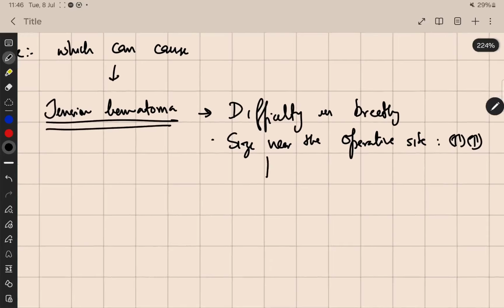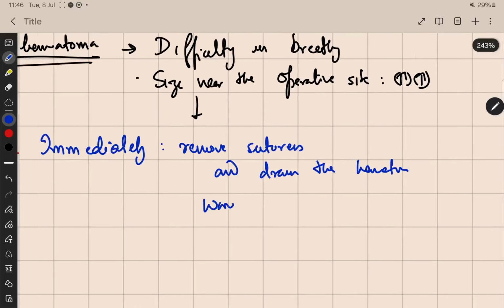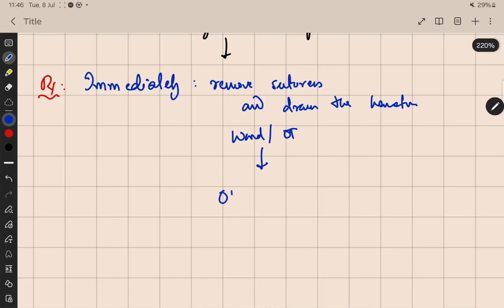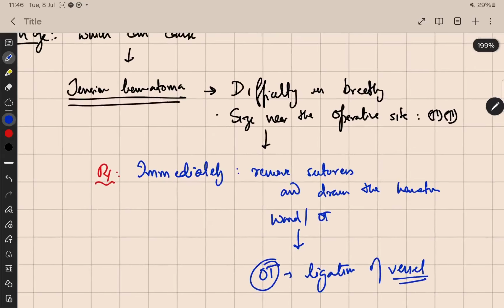In this case, the treatment is immediately we have to remove the sutures and drain the hematoma. It can be done in the ward only, or we can do it in OT. And after this, we have to shift the patient immediately to OT and ligate the vessel that has not been ligated properly. It is a deadly complication if you don't intervene in time.